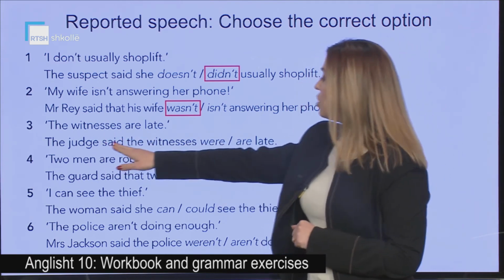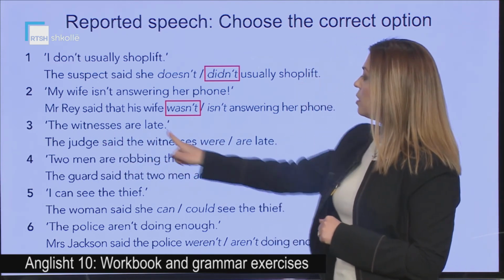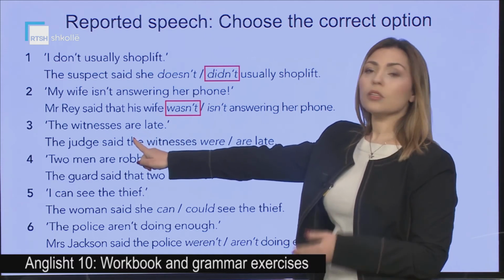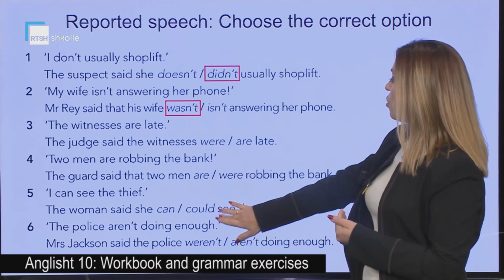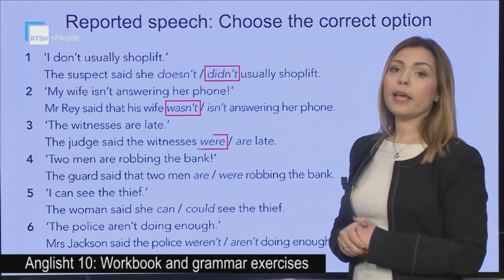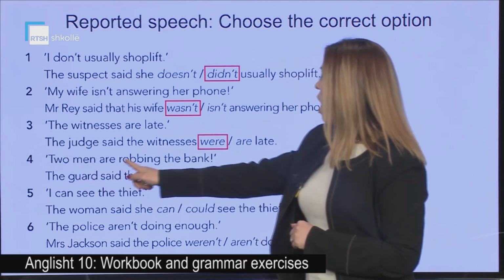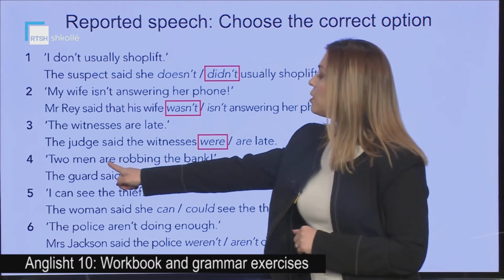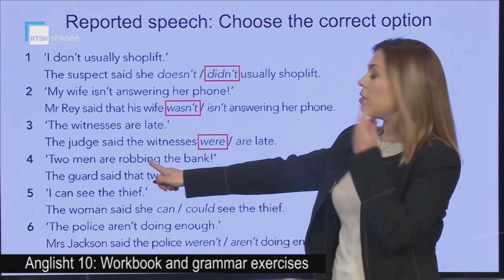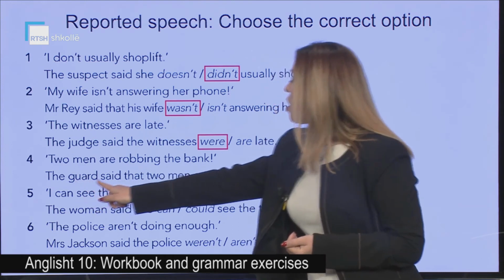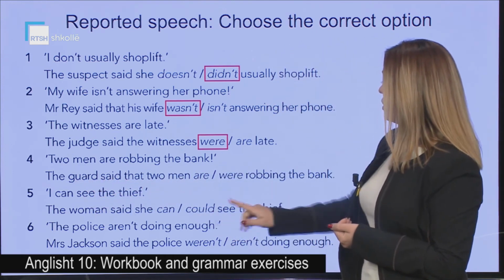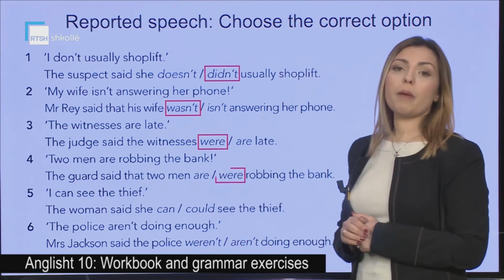The judge said that the witnesses are late. Put it in the past. The witnesses were late. Number 4. Two men are robbing the bank. Present continuous. Put it in the past. The guard said that two men were robbing the bank.